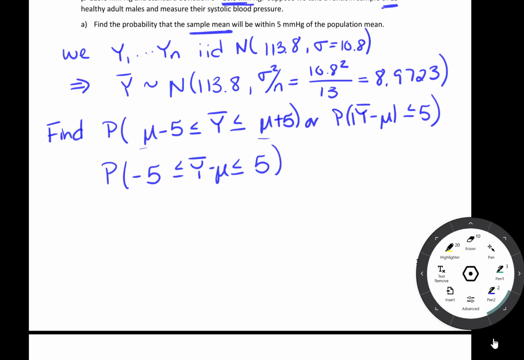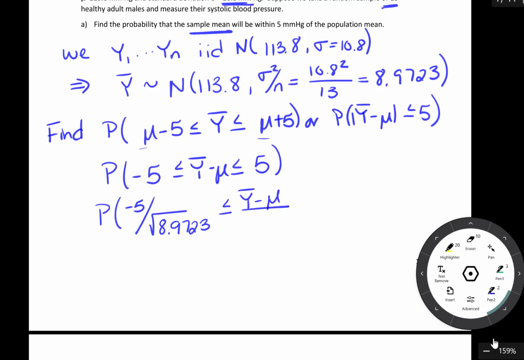So now I'm going to go through and divide by the standard deviation of y bar. And remember, the reason I'm taking the square root here is up here I parameterized y bar by using the variance.